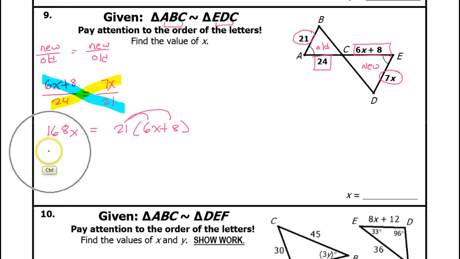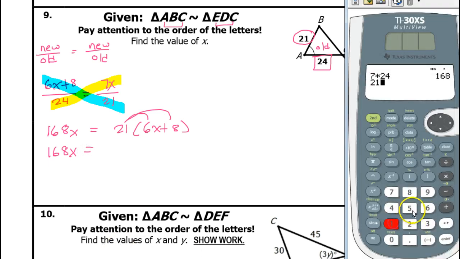So, got to do the distributive property, so I've got 168x is equal to 126x. And let's see, 21 times 8, that's 168.